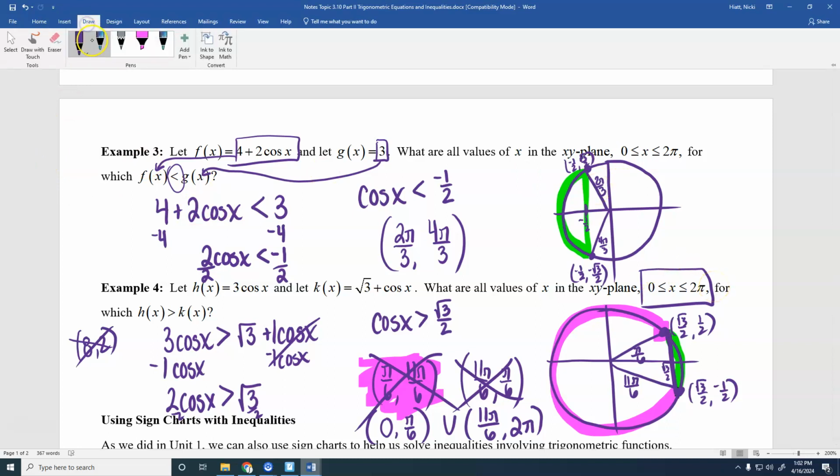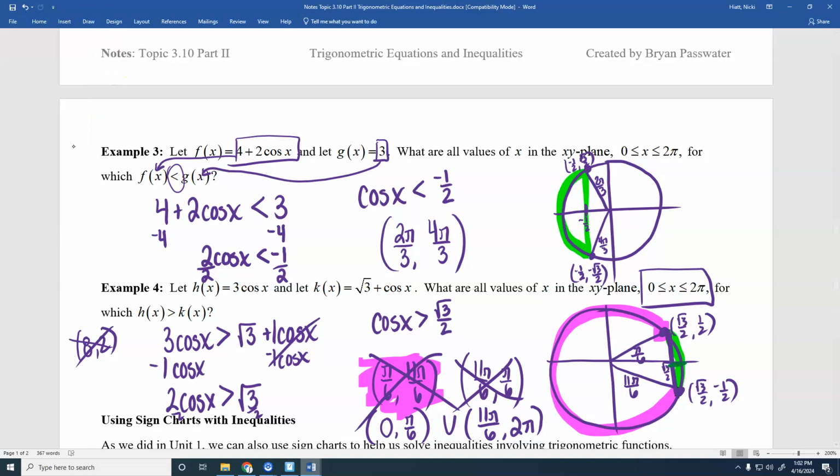Since 0 falls halfway between right here, you're going to start at 0 and go up to pi over 6, and then you don't want to include anything from pi over 6 all the way around to 11 pi over 6, but then 11 pi over 6 to 2 pi, you're going to include that as well. So this would be how we would write it.